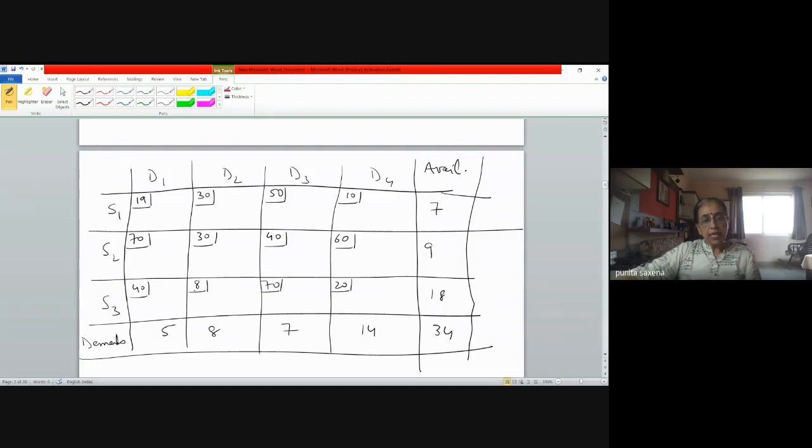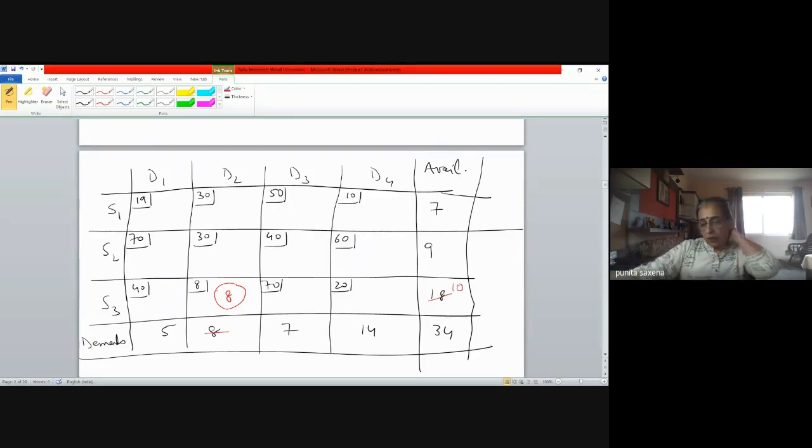So I have picked up this cell. Since my cell is S3D2, I have to choose between A3 and B2. Out of A3 and B2, the minimum is how much? 8. I cannot allocate more than 8 to it. Once I have allocated 8 to it, this demand is completely met, but this source will be left with 10 more units to supply.